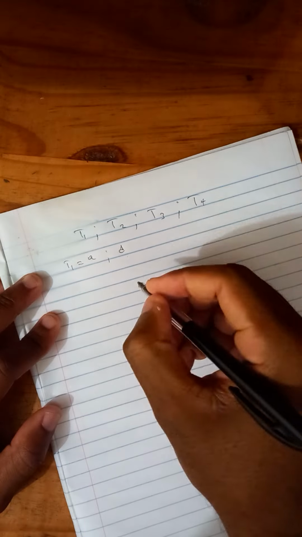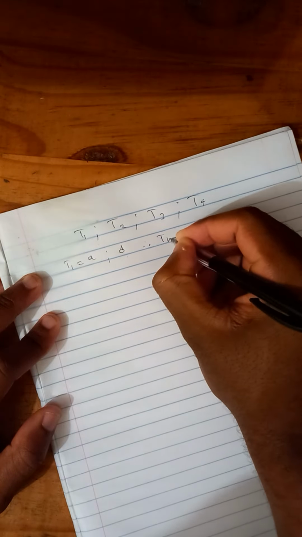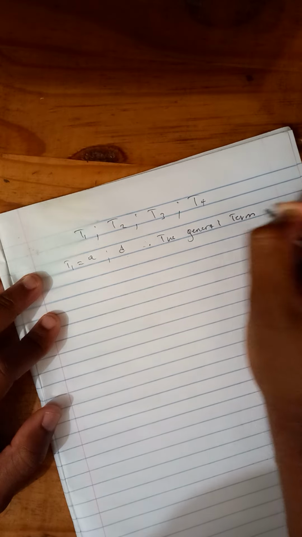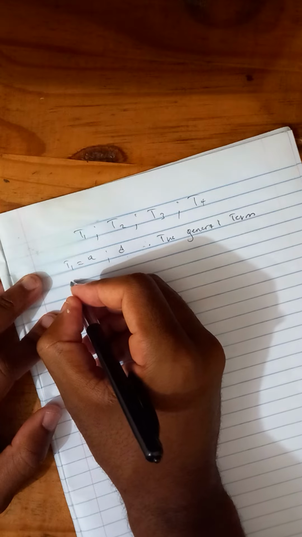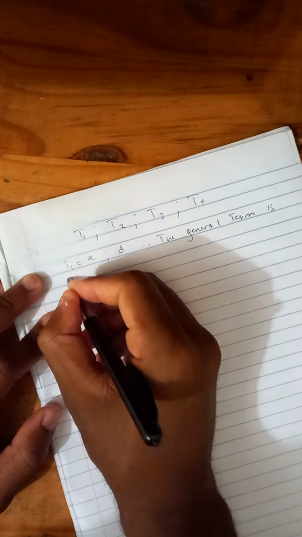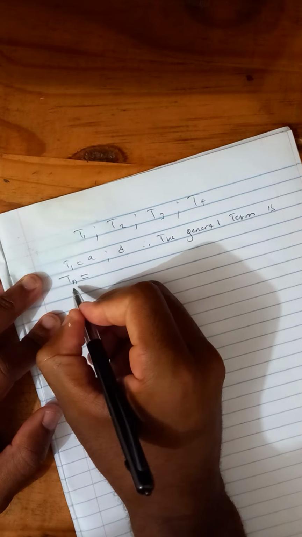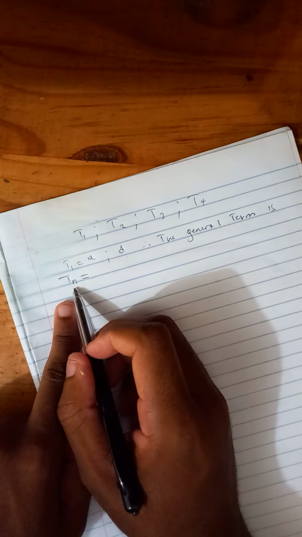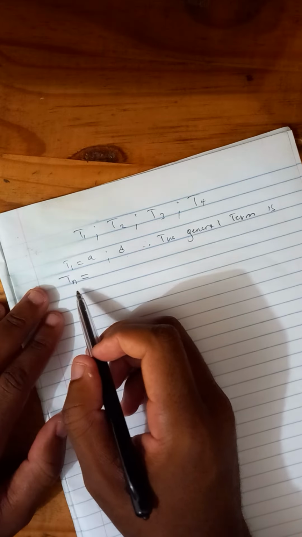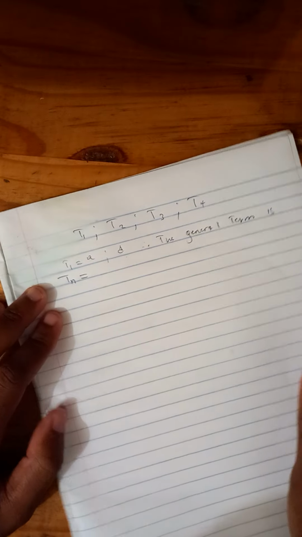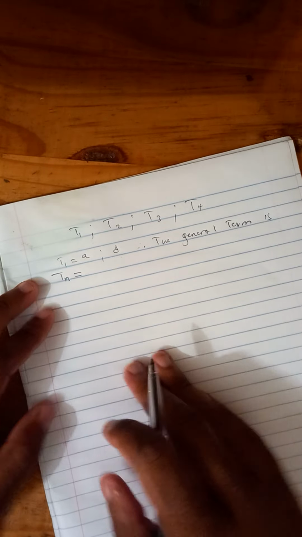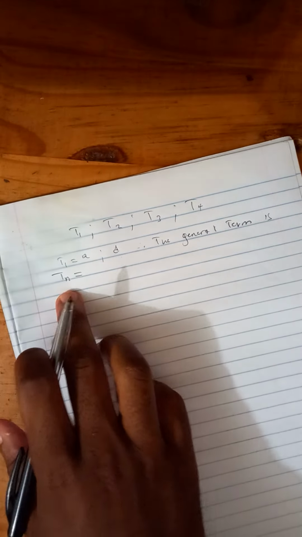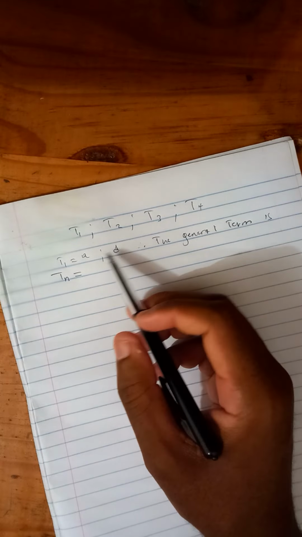Then the general term for an arithmetic sequence is Tn equal to, by the way, note that this n stands for position. But here we are looking for the general term. We are looking for an equation that is going to define even terms that are not included in the example.